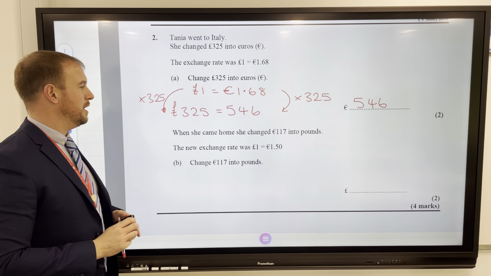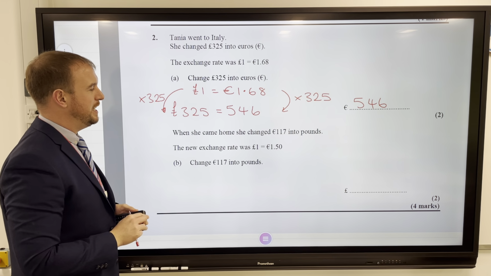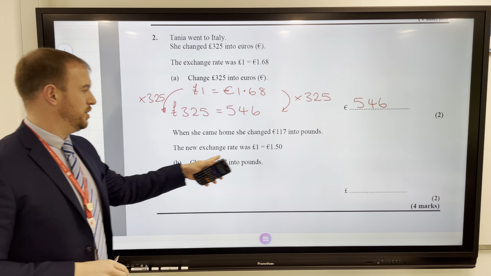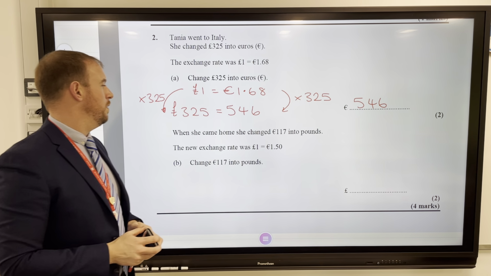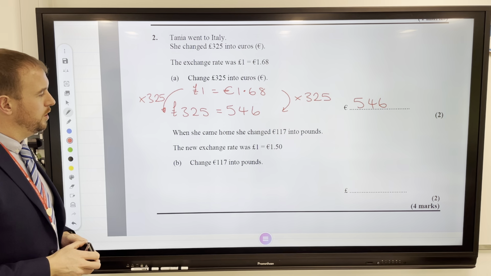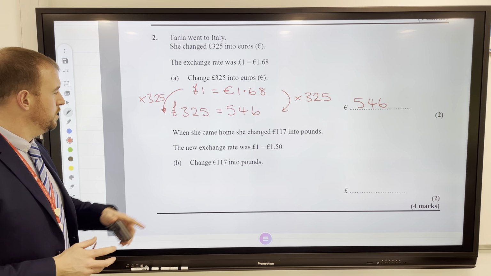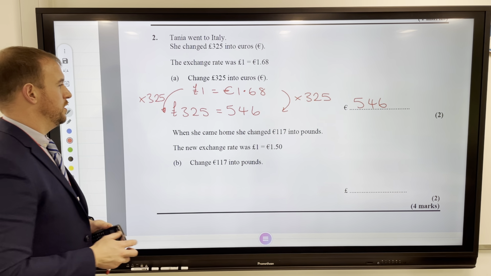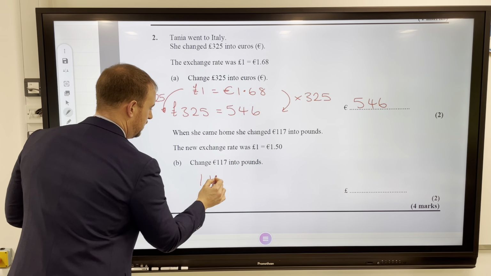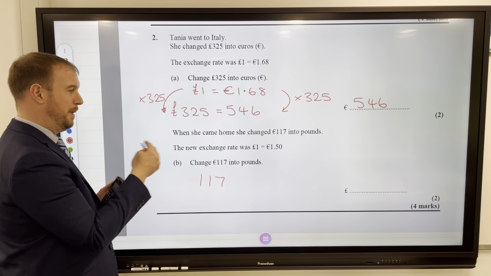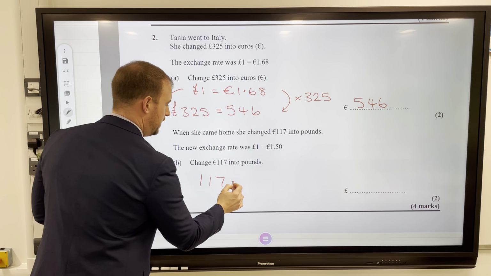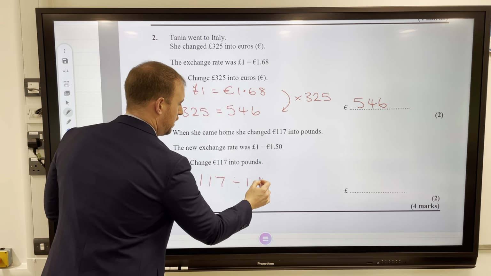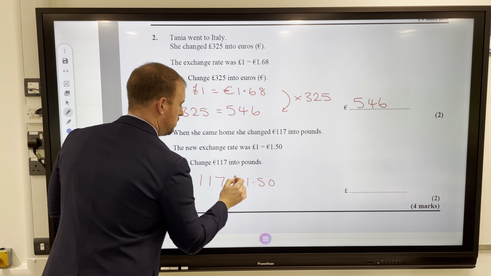Now, when she came back, she changed 117 euros into pounds. The new exchange rate is now £1 equals €1.50. Change 117 euros into pounds. So we have 117. If we are converting back now, we must divide by 1.50.